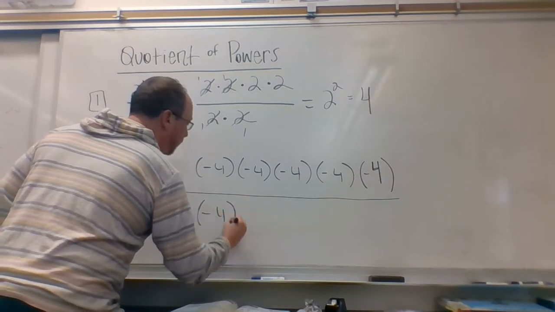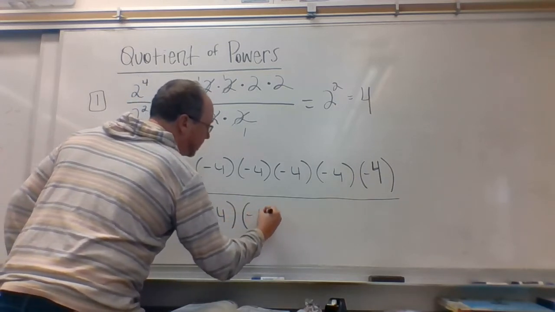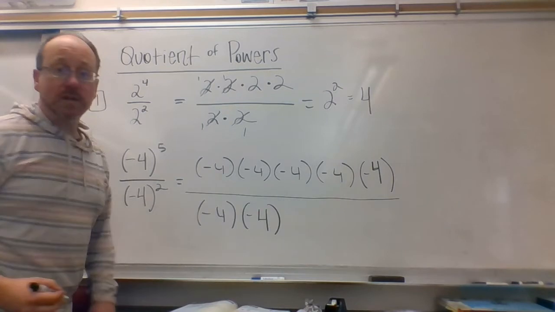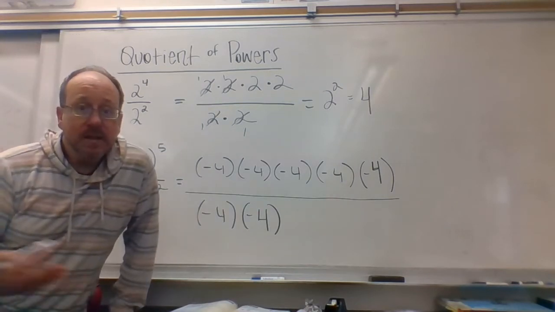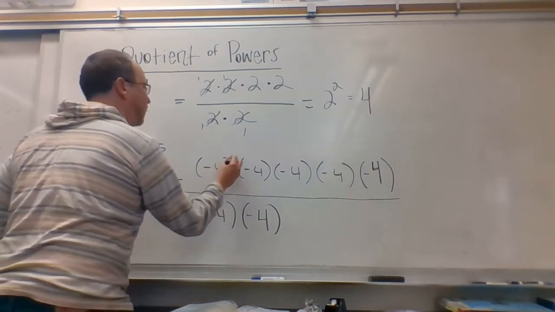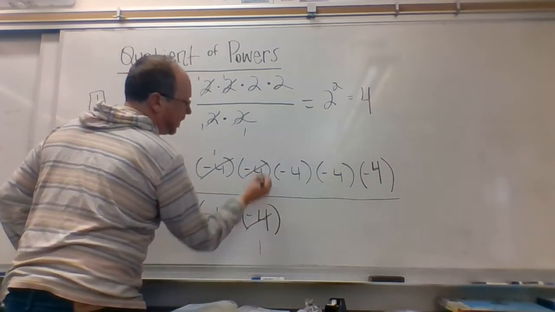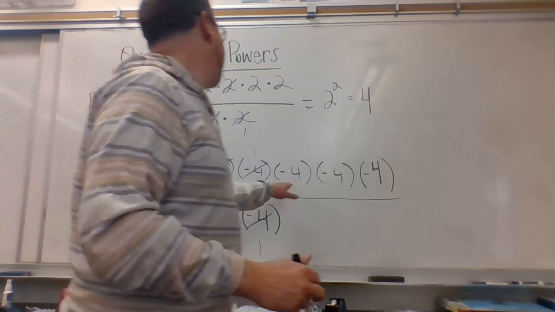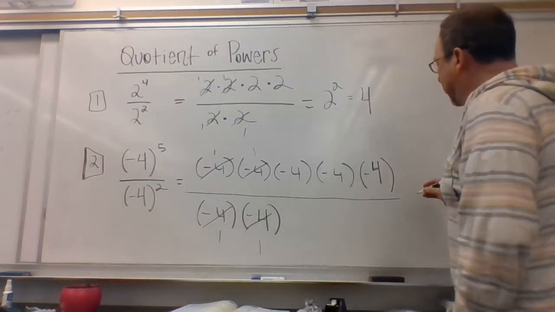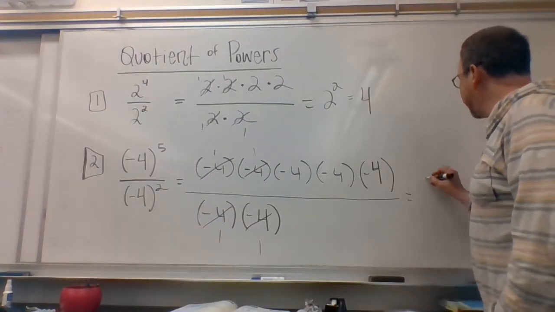So a negative 4 times a negative 4. Right? And same thing here. You're thinking a negative 4 divided by a negative 4 is 1. Negative 4 divided by a negative 4 is 1. What am I left with? A negative 4 times itself 3 times.